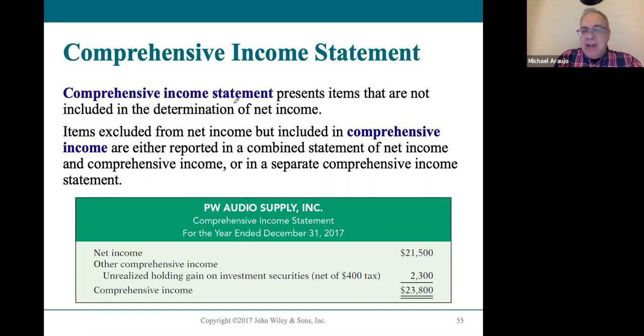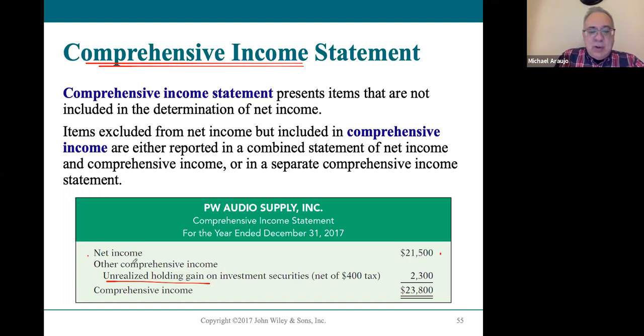And then the next thing that they introduce you to is something called comprehensive income. Comprehensive income is the net income from the income statement that we just saw, plus or minus any of what we call unrealized gains or losses. So these are basically book losses or book gains. They're unrealized because they haven't really happened yet.